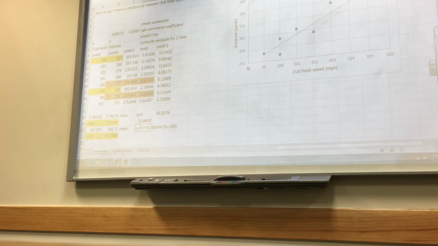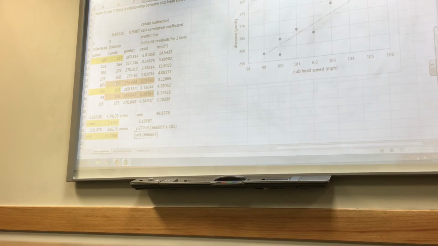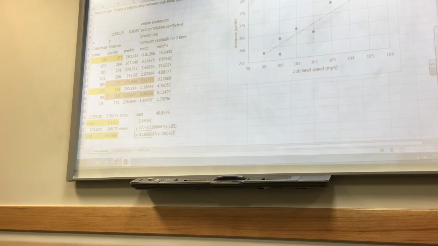Are you familiar with the point slope? Now if I want to get a y equals here, I'm going to say y equals 3.166667 times x minus 105 plus 277. Just a little bit of math there, right? Okay, does that make sense?